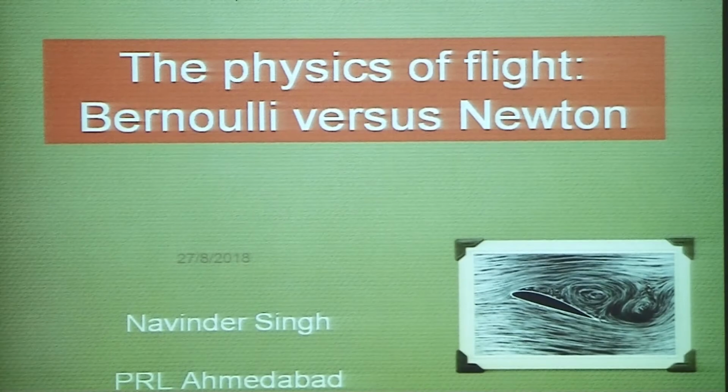It appears that the field is well settled, but this is not true. If you browse the various explanations of the aerodynamic lift, there are conflicting arguments and explanations. I have done some research in this field and found the correct explanation, and that I would like to share with you today.